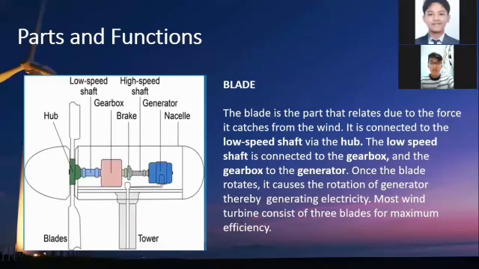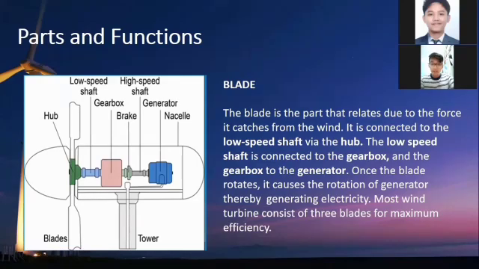Parts and function. Blade. The blade is a part that rotates due to the force it catches from the wind. It is connected to the low speed shaft via the hub. The low speed shaft is connected to the gearbox, and the gearbox to the generator.